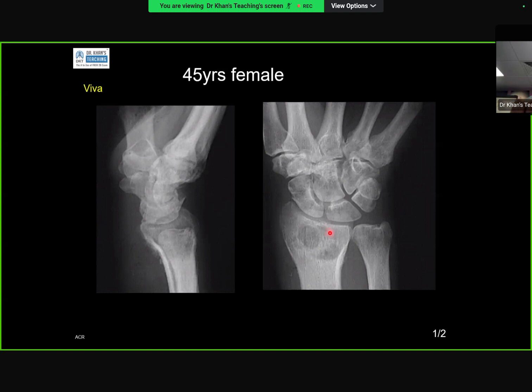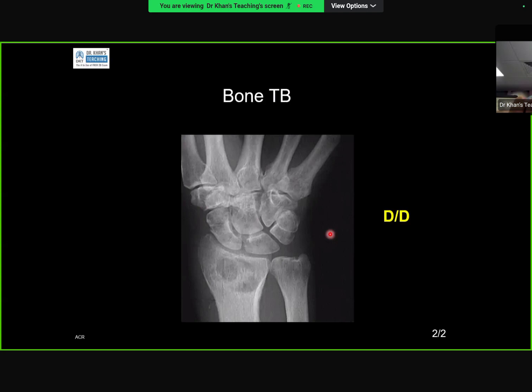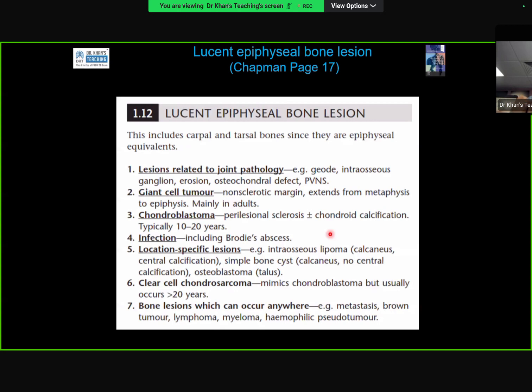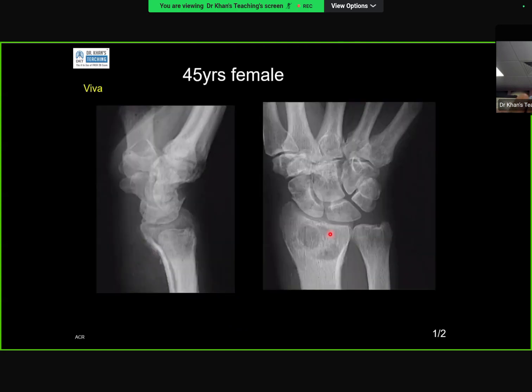So it was absolutely perfect here. Then you said differential diagnosis, infection. And by the way, of course, non-TB infection can also be kept in the differential. Nobody is expecting that you will call it a TB.